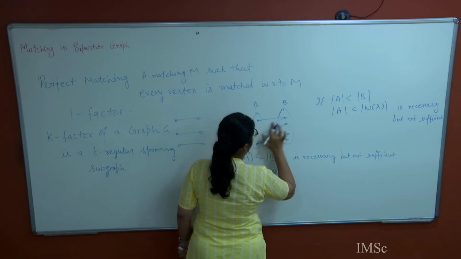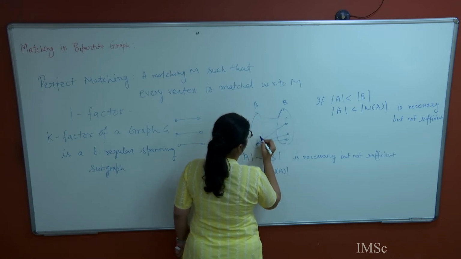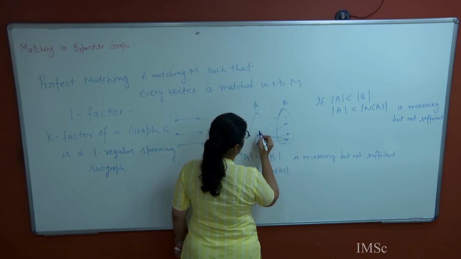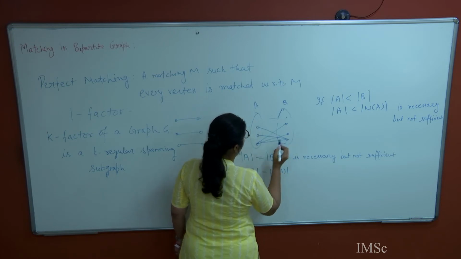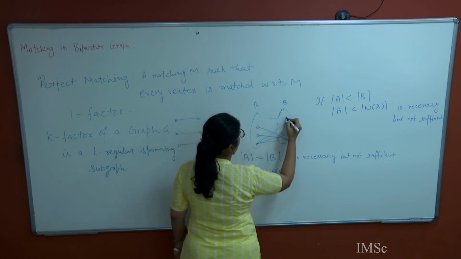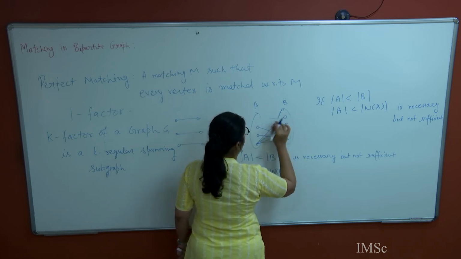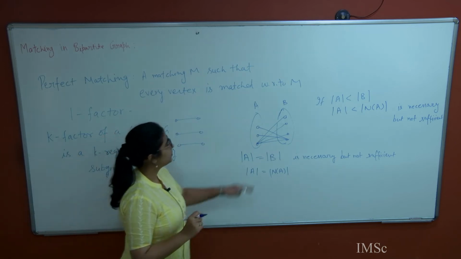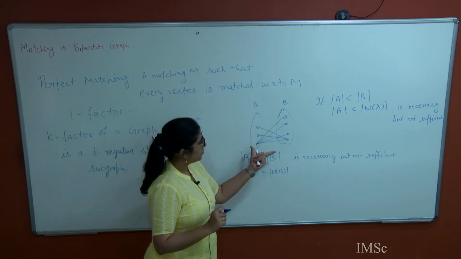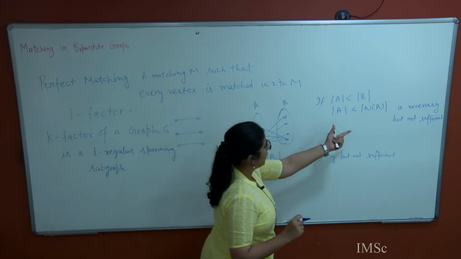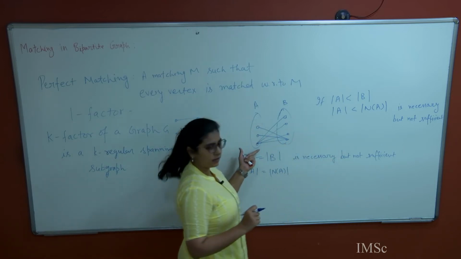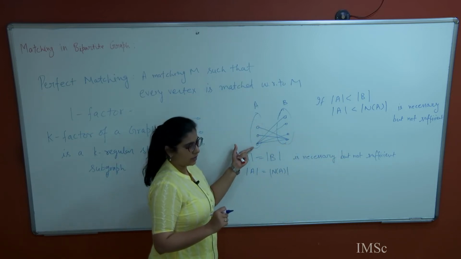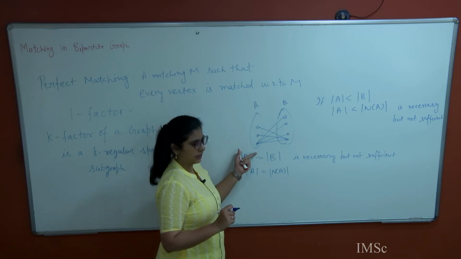Something like this. So, for this graph, the cardinality of the neighborhood of A is greater than the cardinality of A, but it does not have a matching which saturates A, right.